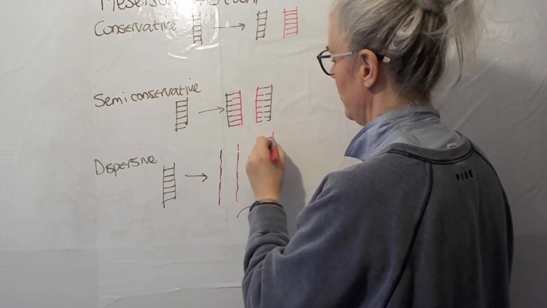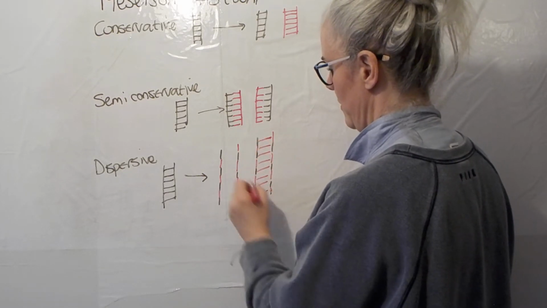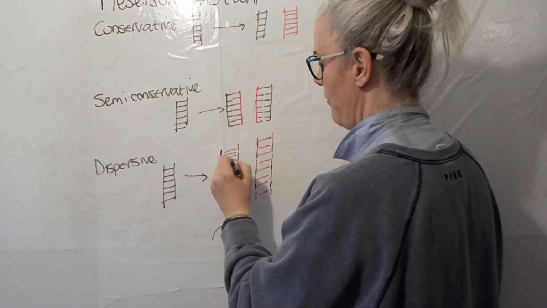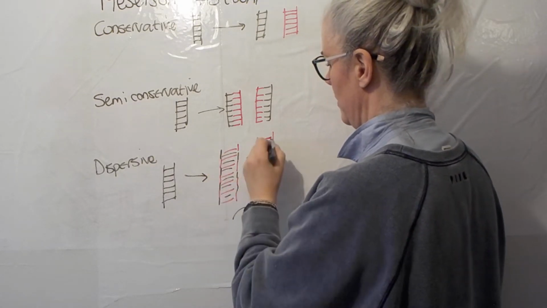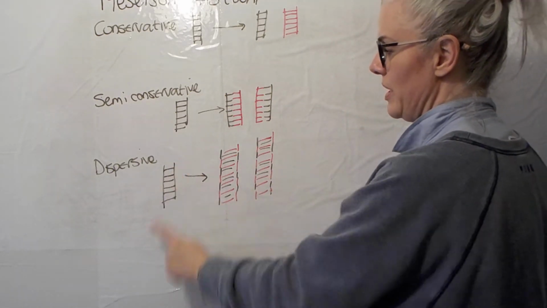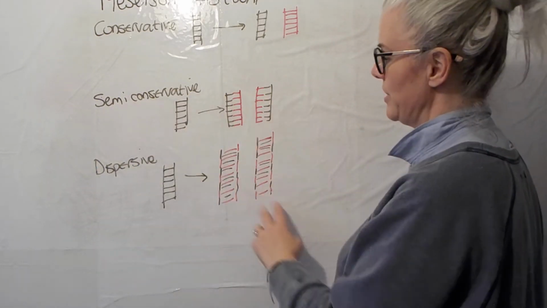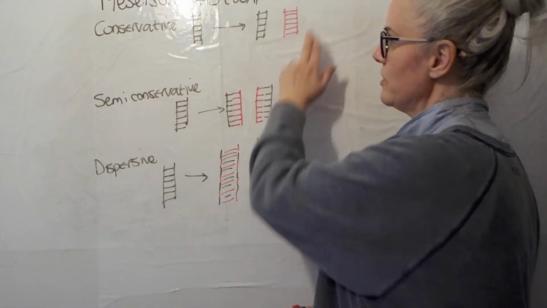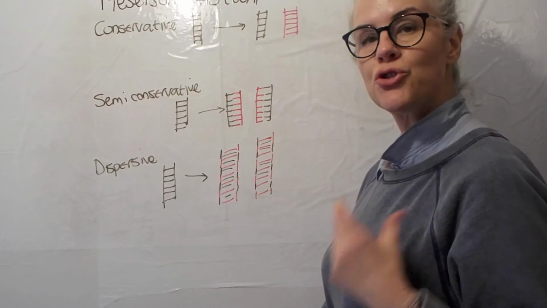And so you would end up with, you get the idea. Half and half. Okay, so you chop up this and you mix it and distribute it in with new. So they wanted to know which ones of these hypotheses was true.